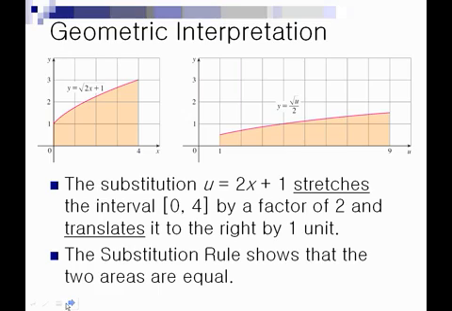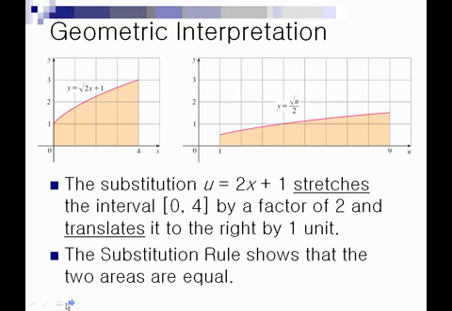And here's the geometric interpretation. If you were to do, let's say, a different transformation, where u is 2x plus 1, well, then it gets moved over 1 and it gets stretched out.